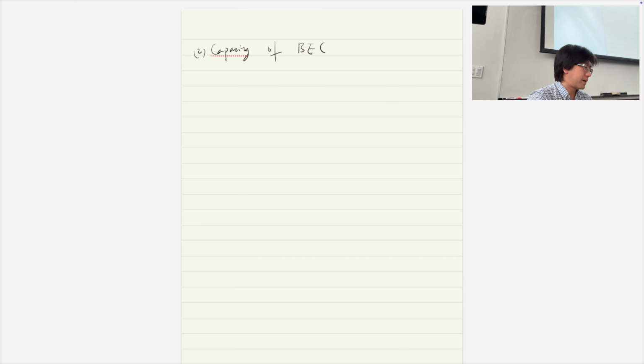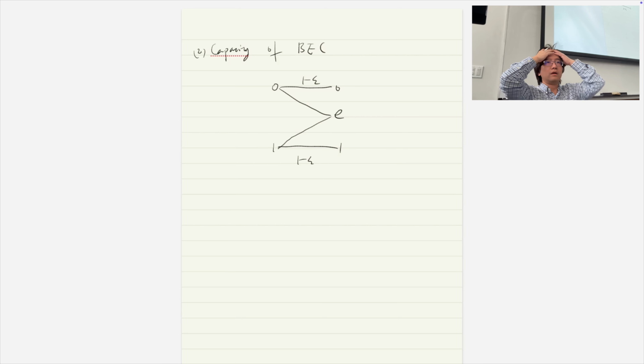The BEC channel is given by this: from 0 to 0, and 1 to 1, with probability 1 minus epsilon, and then we have a chance epsilon that we receive an erasure. Given this, we can write down the transition probability.